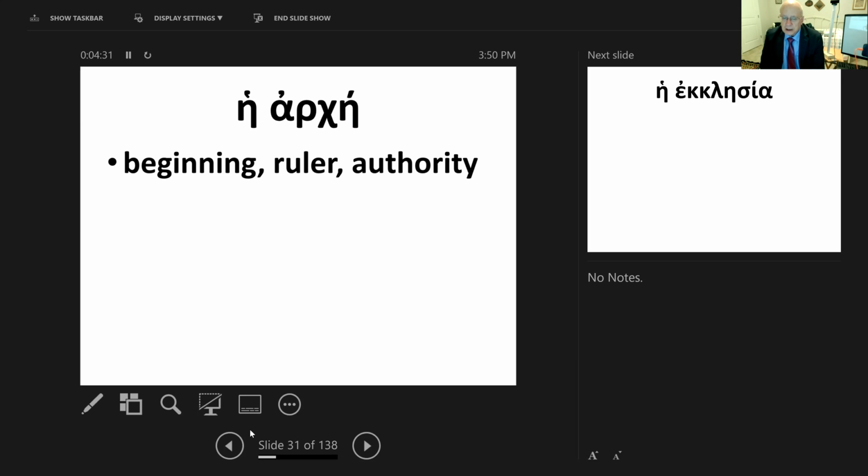One word can mean many different things, and so we have to be careful in the context how we translate it. Actually, this word probably comes, I'm guessing, to some extent from Hebrew, because in Hebrew, rosh, the Hebrew word, also can mean beginning, ruler, or authority.